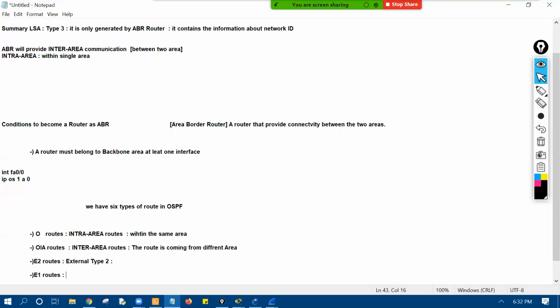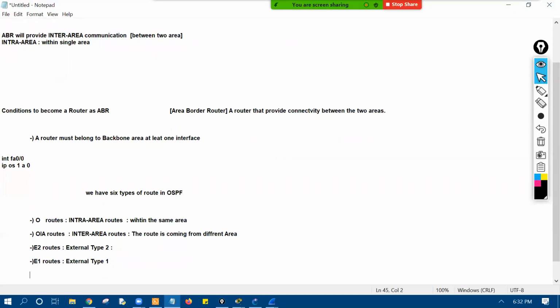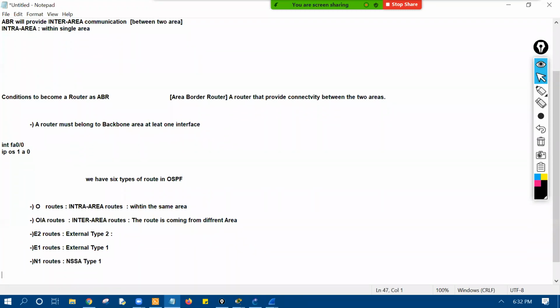Because this part is coming from the redistribution, external type 1 and external type 2. Six types of route in OSPF. If you're asking the AD has the same.